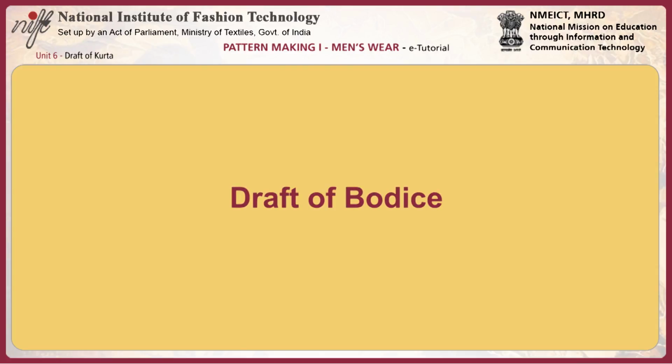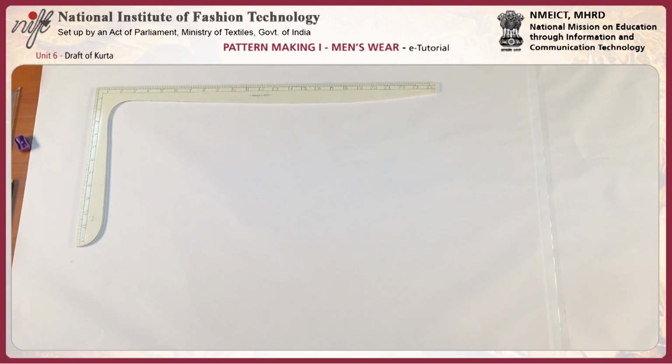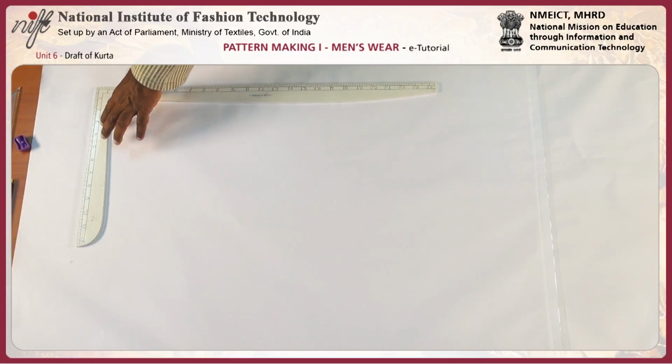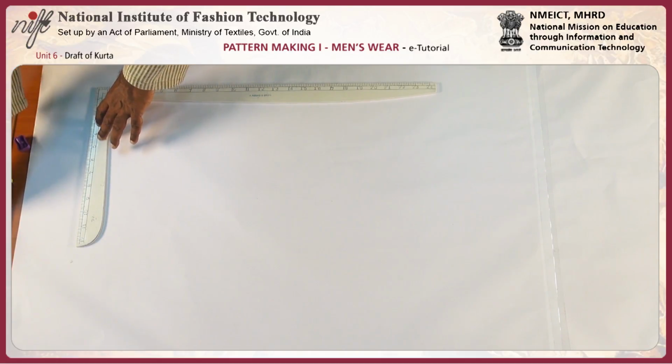Let us start drafting the bodies of kurta, which will comprise of front and back, which can later be separated once you ensure the draft is correct.